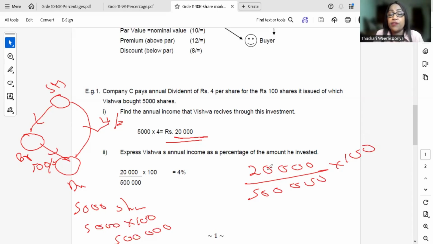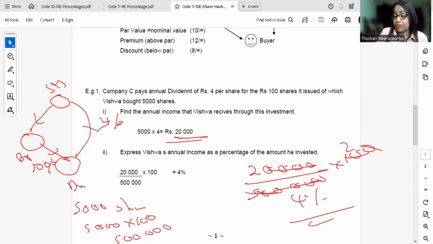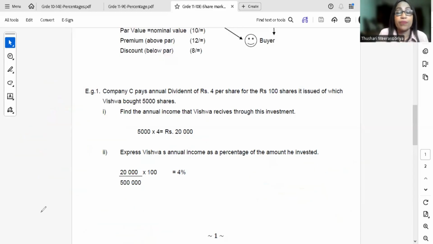Then you can simplify this. 4 zeros, 4 zeros, 1 zero, divided by 2, that is 4%. Very easy. To get a clear picture, always draw the structure of the stock market and fill in the values. Then it's easy when there is a stock market question. I assume you can understand that example. We'll go to another example.